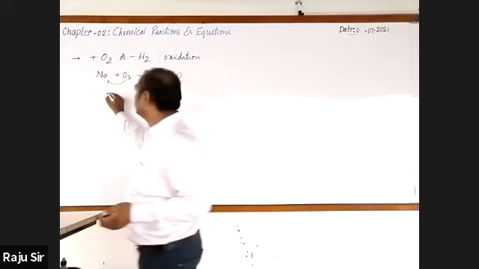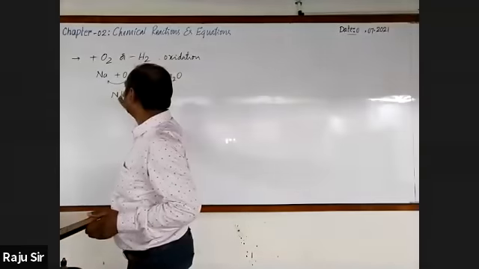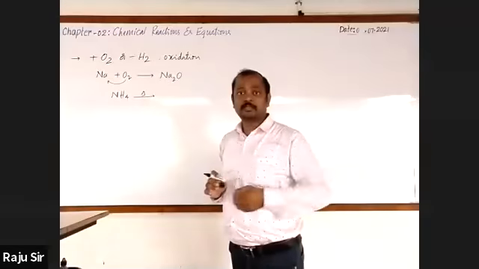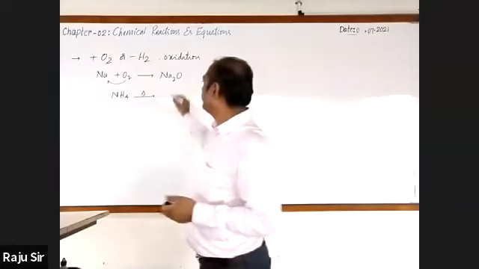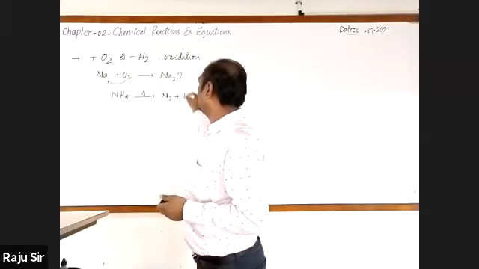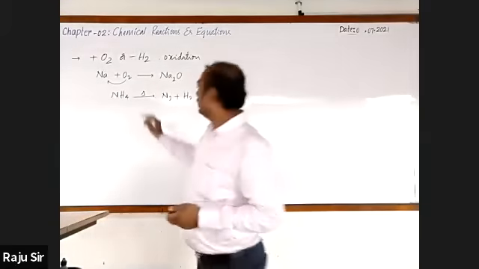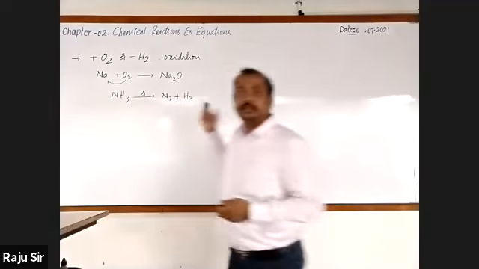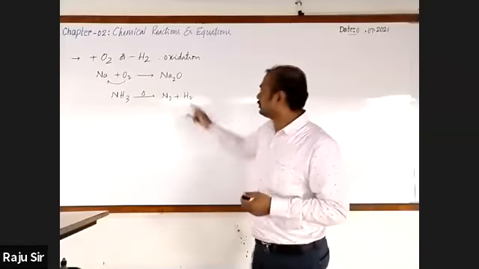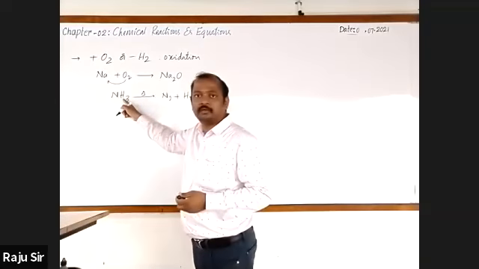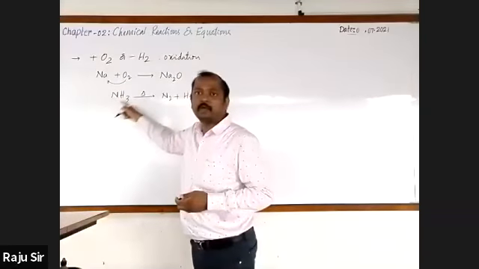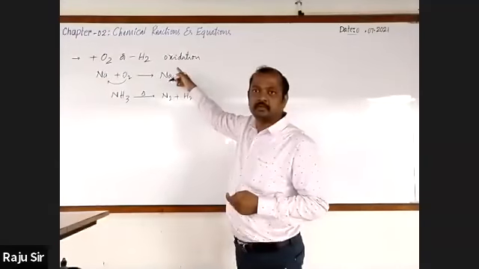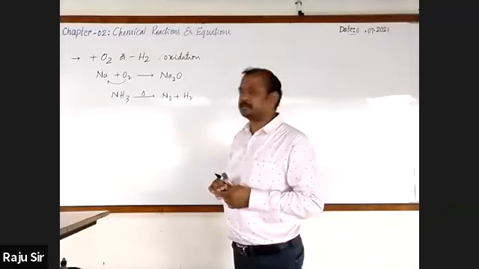Similarly, you know that when ammonia is heated, what happens? It undergoes decomposition reaction and forms nitrogen and hydrogen. Here, the hydrogen present in ammonia is removed. So this removal of hydrogen from a compound is called oxidation. So these two are the simple examples.